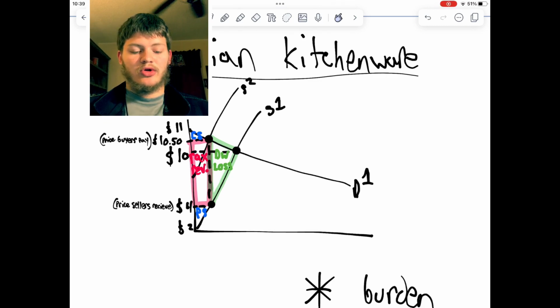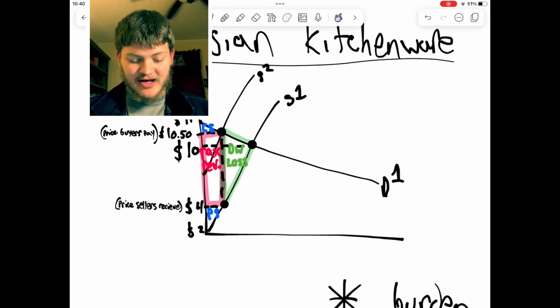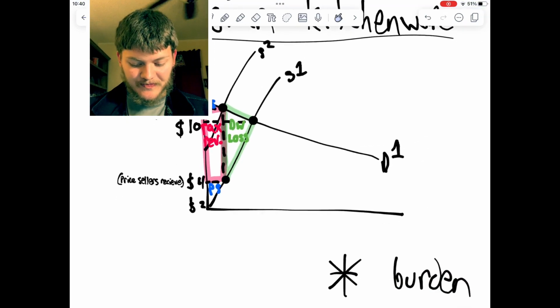So that will make the supply more inelastic. Supply is more inelastic, so we'll just move on there.